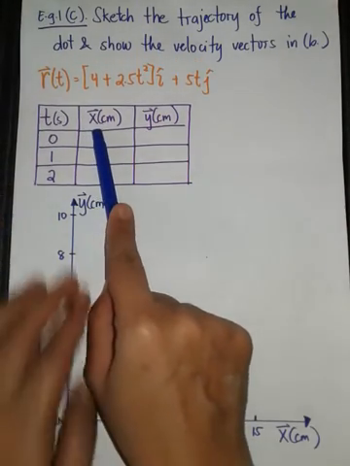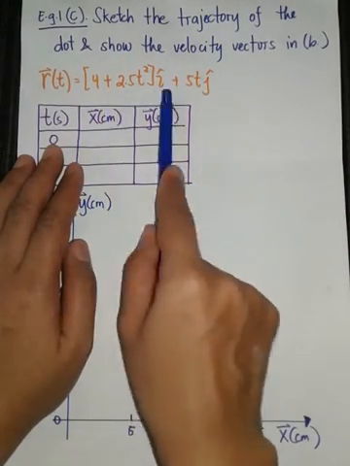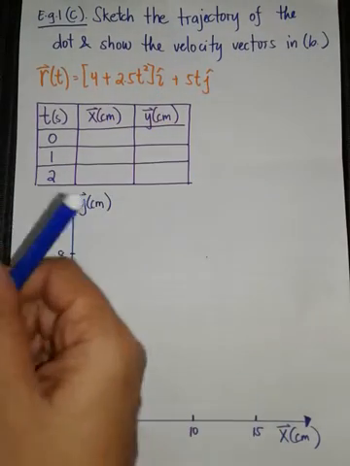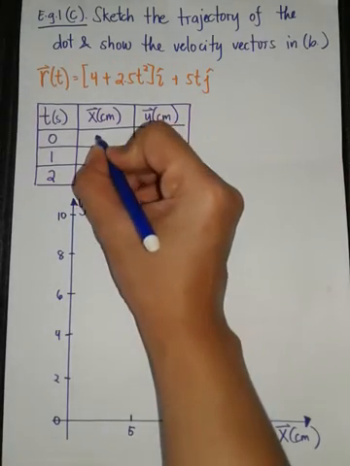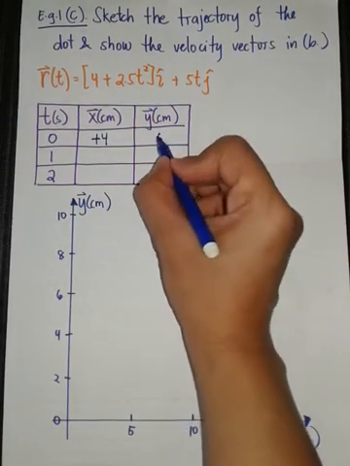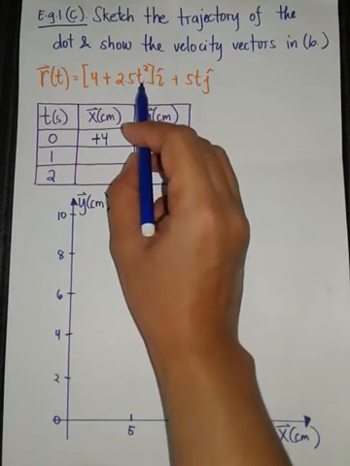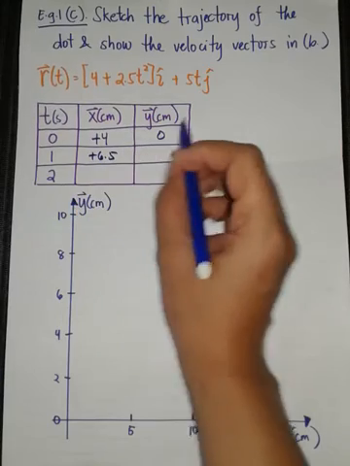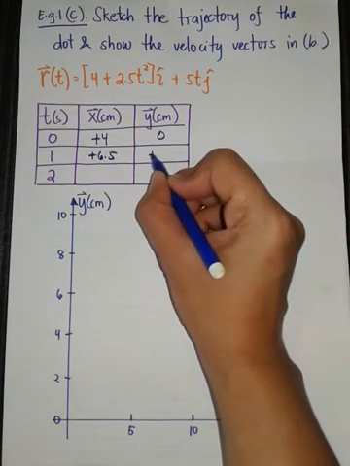What is the x position when time is 0? Focus here. This becomes 0, so what remains is 4 i hat, so this is just positive 4. What about the y? The 5t becomes 0 right away. When time is 1, x becomes positive 6.5, and y is 5 times 1, positive 5.